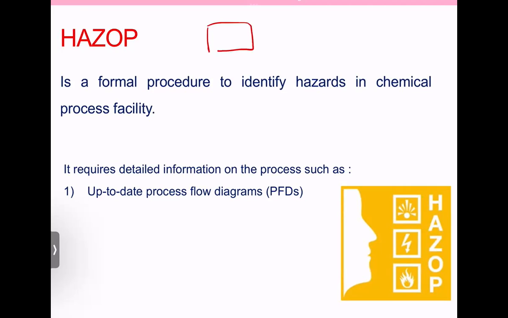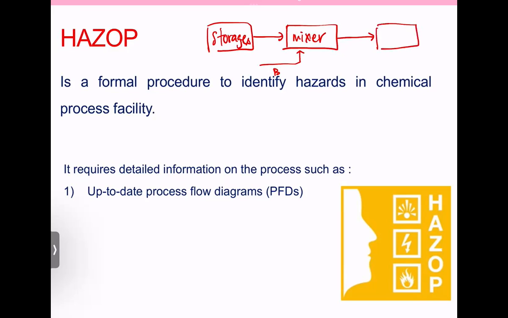You have storage A, and then you have B, going into the mixer, then you have a reactor, and then you have separation process 1, and it goes up and down.